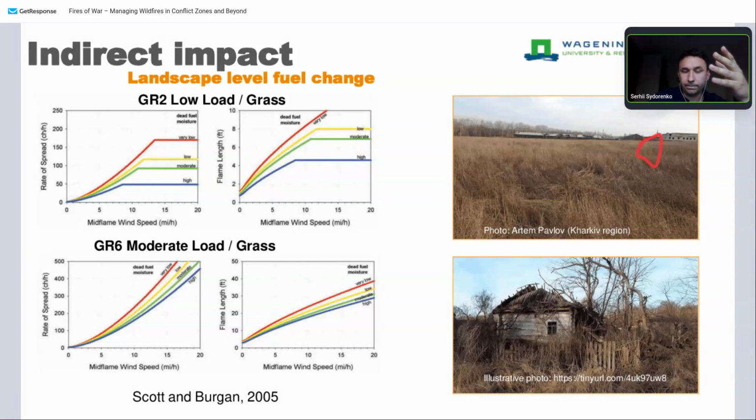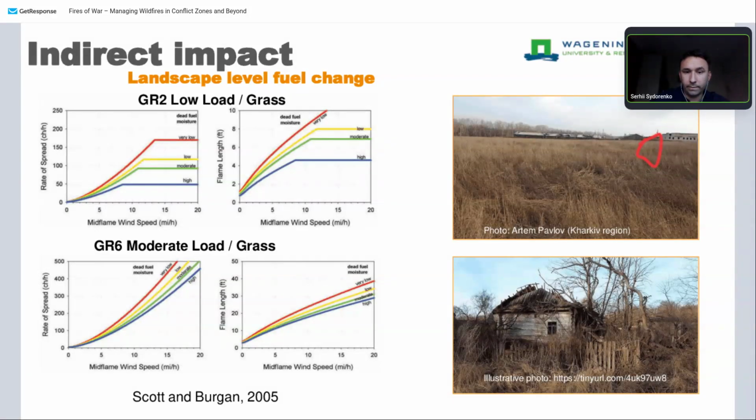You see here on the slide at the bottom, on the right part, how it looks when our agricultural land was converted to grasslands with some weeds. And this photo at the bottom, I put here just to show you that not only a pine forest close to a settlement or to a home can be very dangerous, but even grass with weeds can also form a very hazardous environment.